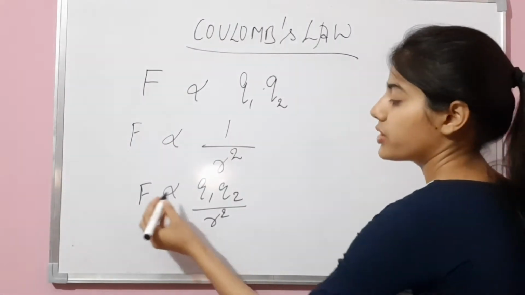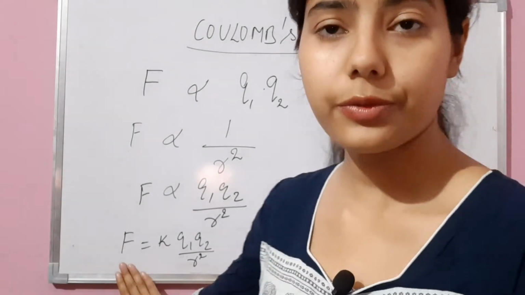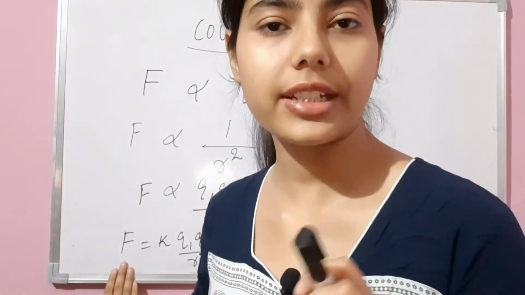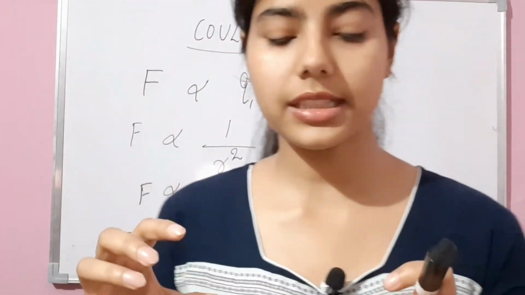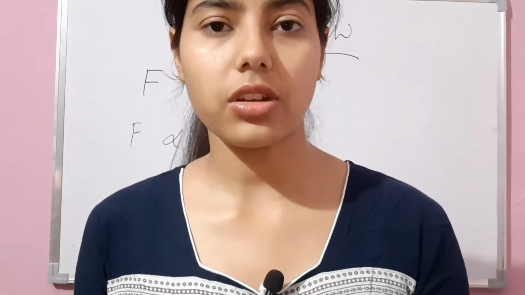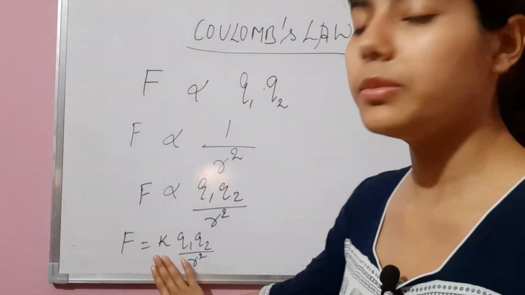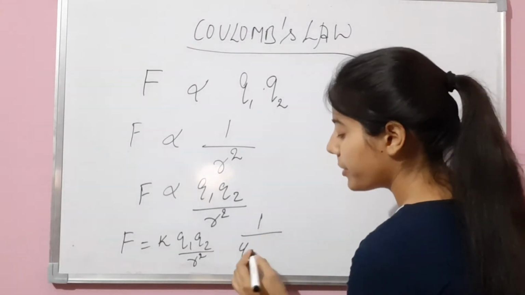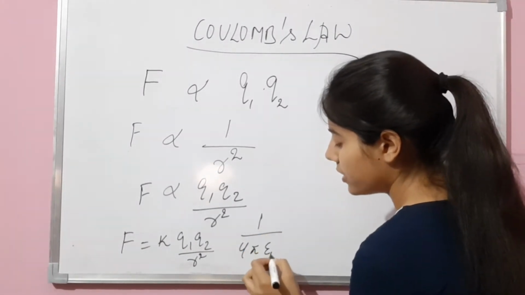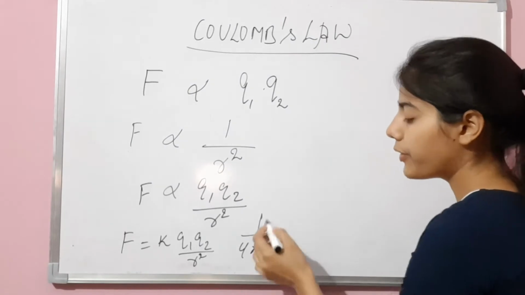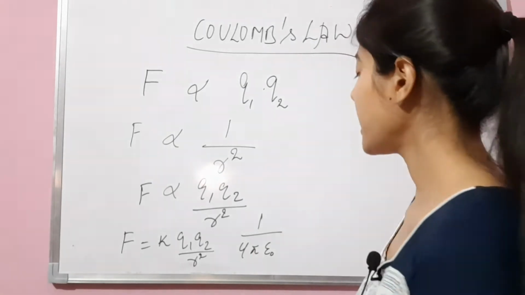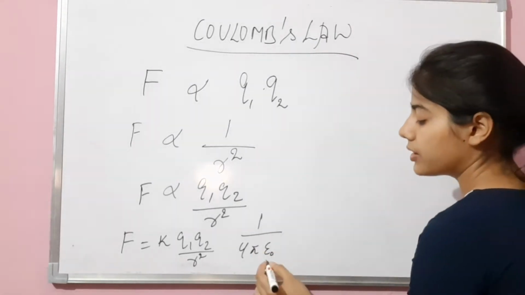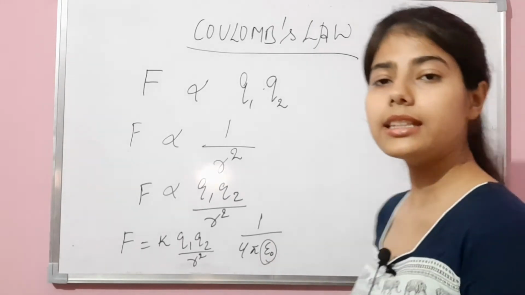We will get a proportionality constant. If we are calculating electrostatic force in free space, if two charges are placed in free space or air, then K's value will be equal to 1 upon 4 pi epsilon naught. And here epsilon naught is the permittivity of free space.